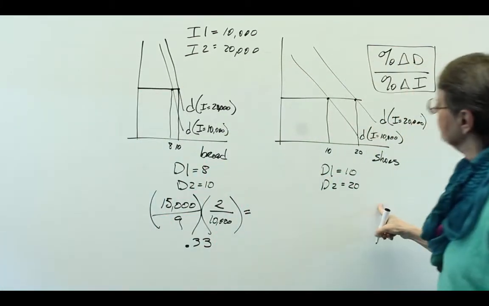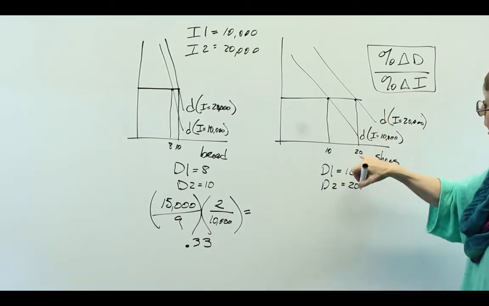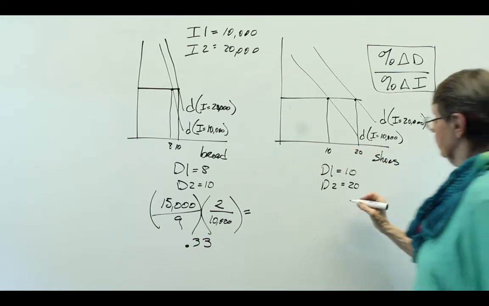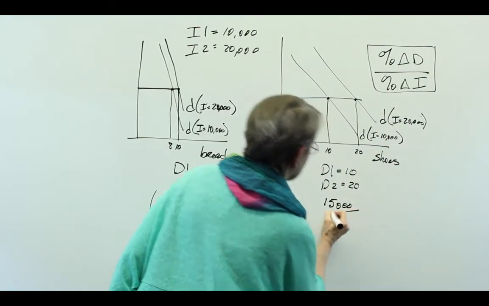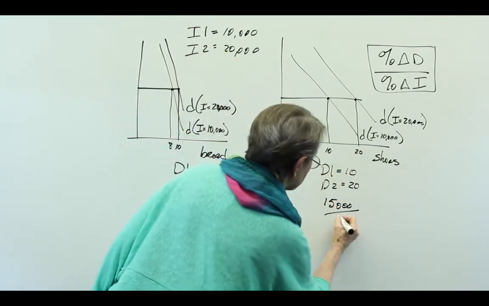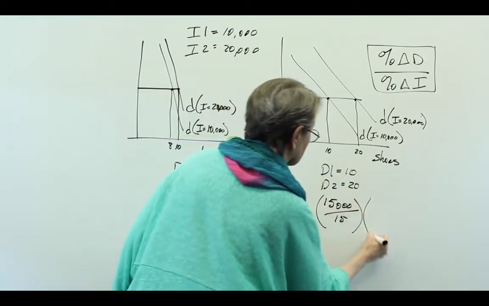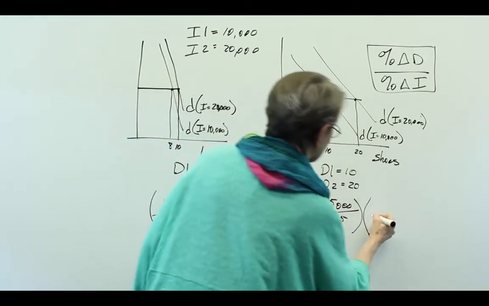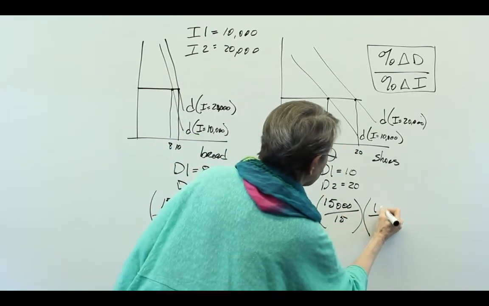We do the same thing over here. Again, I'm going to use the midpoint for income. So income is going to be 15,000. I'm going to use the midpoint for demand, which is going to be 15. The change in quantity is 10.